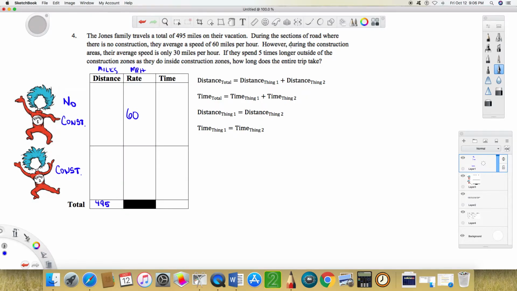But when it's construction, they've got to slow down to 30 miles per hour. All right. It's asking us how long does the entire trip take. So what we want down here is this total time.